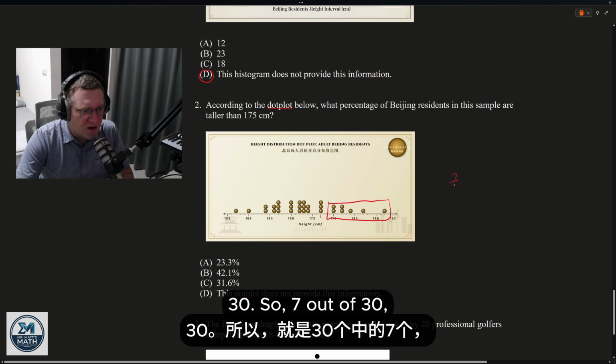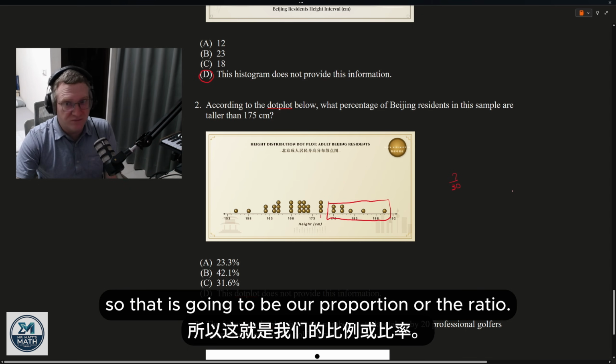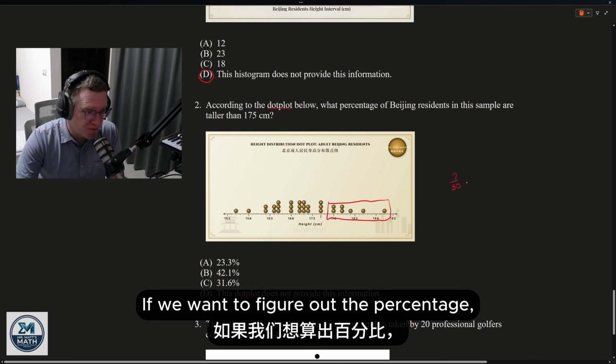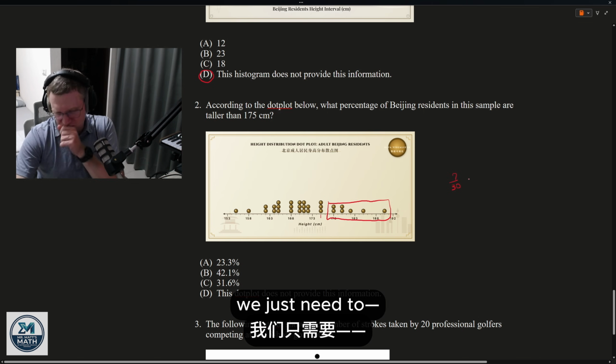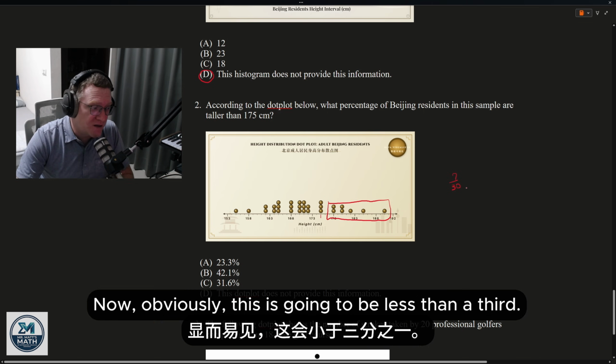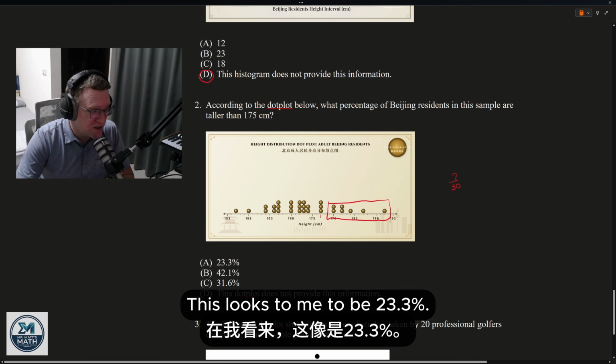So 7 out of 30. All right. So that is going to be our proportion, or the ratio. If we want to figure out the percentage, we just need to divide that. Now, obviously, this is going to be less than a third.